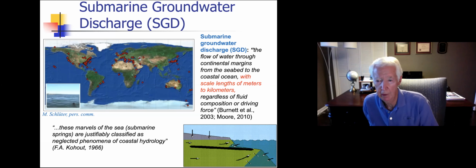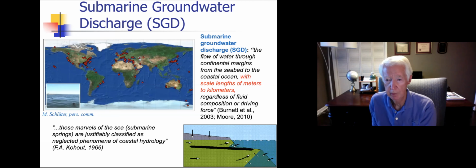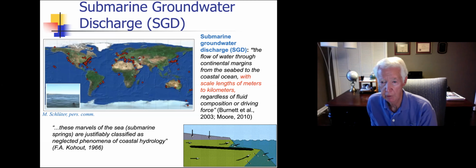this started to catch on, and we had some working groups. It was a SCOR working group that myself, Billy Moore, and others were taking part in, and we wrote a review paper in 2003.